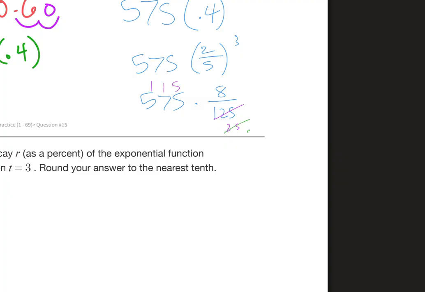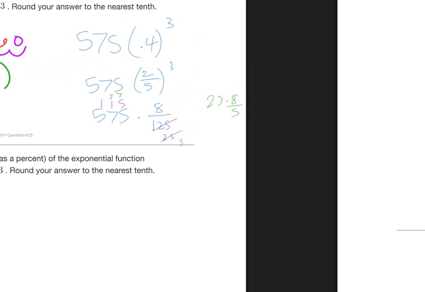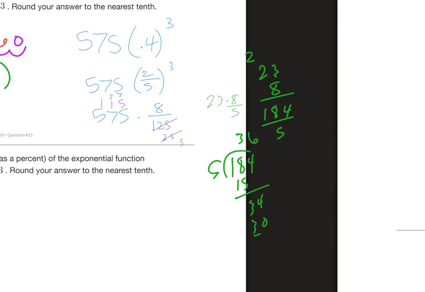We could divide by 5 again and get 5, and this is 23. And so we now have 23 times 8 over 5. 23 times 8 is 184 over 5. 184 over 5, we get 36.8.